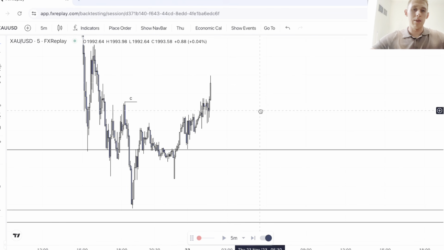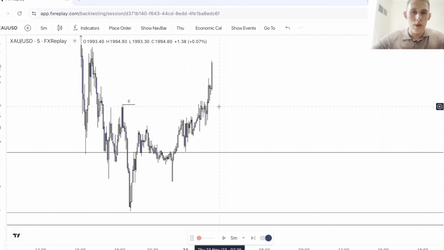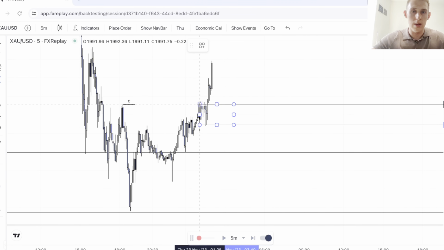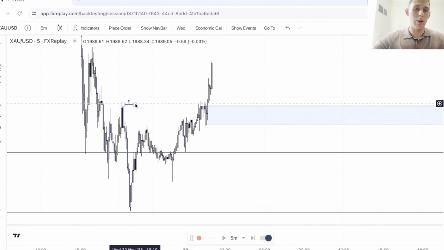Not really seeing a valid entry level just yet. Cool. So actually now we have this demand. Why is this one valid? Well, it broke structure, it's left imbalance, and now we also have this liquidity resting above it. That's basically what I was waiting for it to become validated.